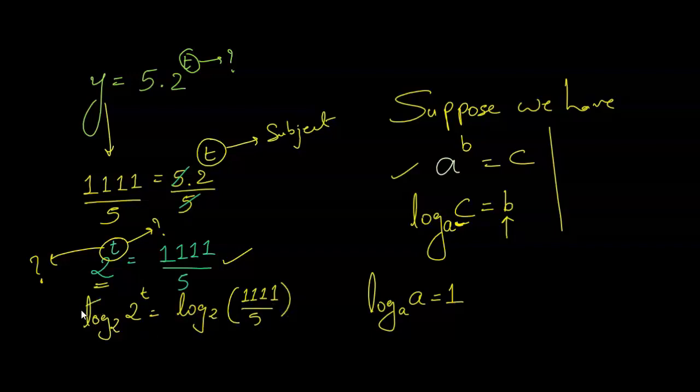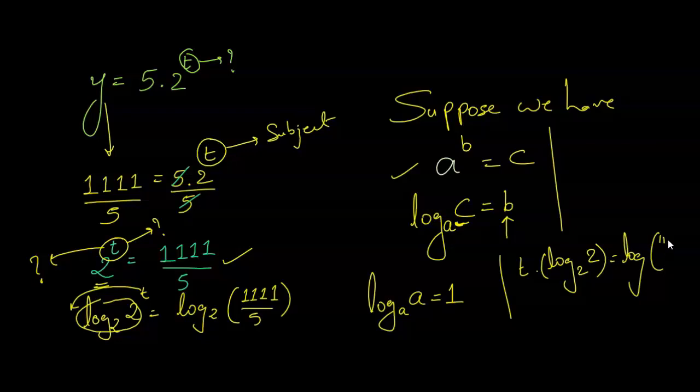Now this simplifies: this t comes in front, so t into log of 2 to the base 2 equals log of 1111 upon 5 to the base 2.